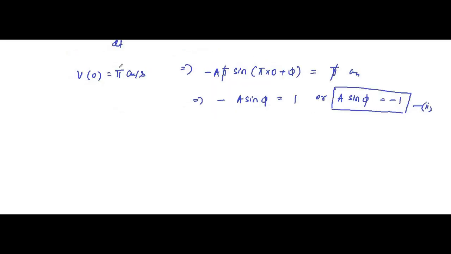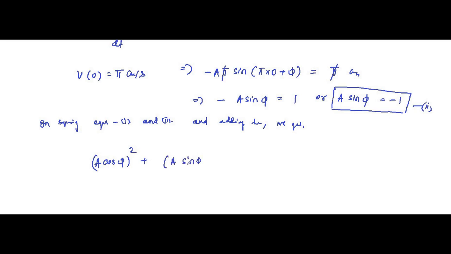Now, if we square equations 1 and 2 and add them, we get A cos phi whole square plus A sine phi whole square is equal to 1 square plus minus 1 square.